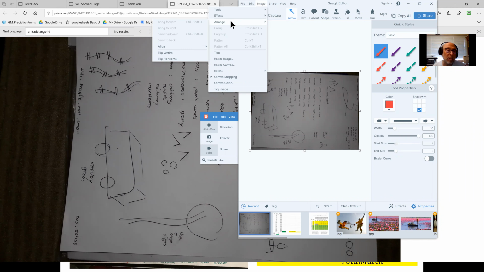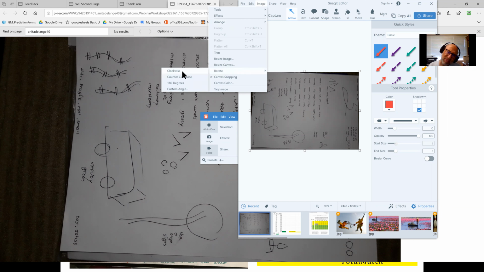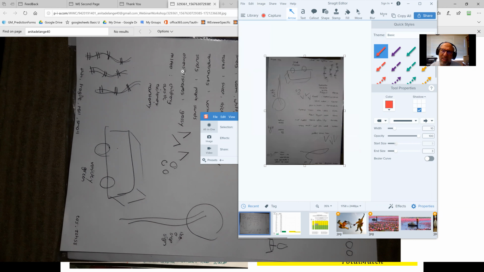Joe McMonagle tends to do his free form, one page, sometimes 2. Okay, so what I'm looking for here is rotate, and I think clockwise. Yes. Okay.